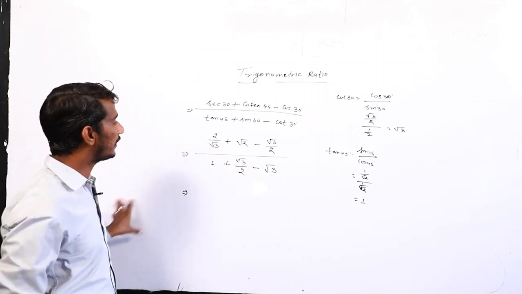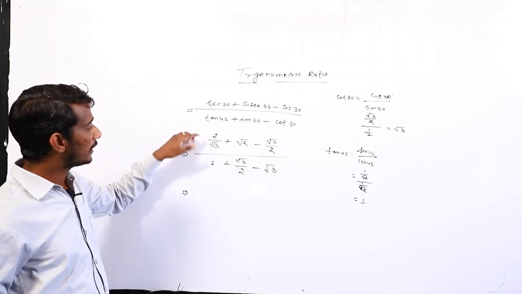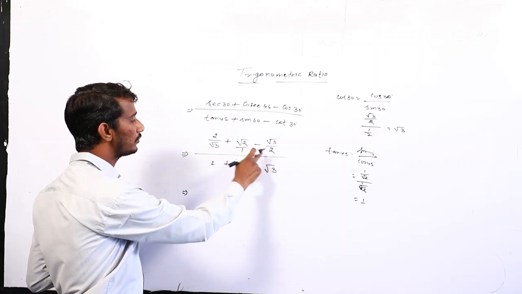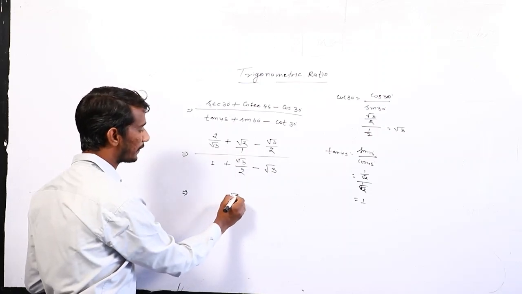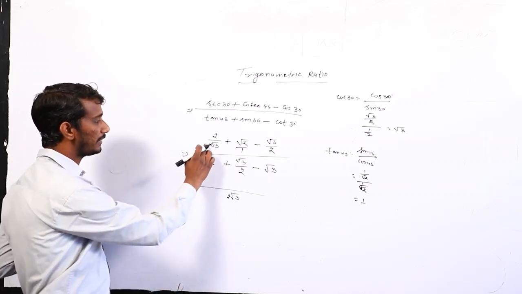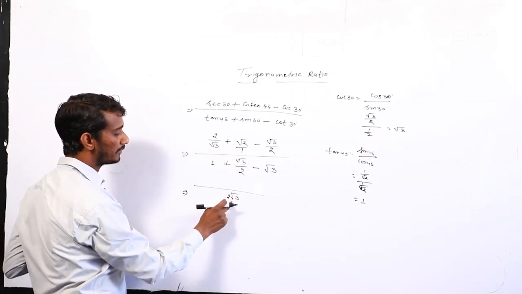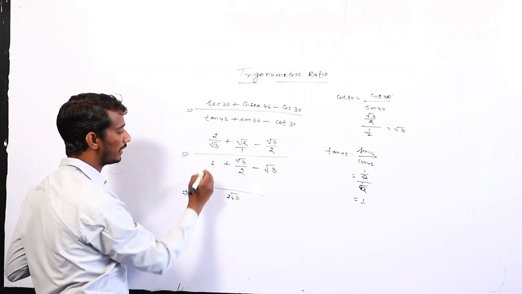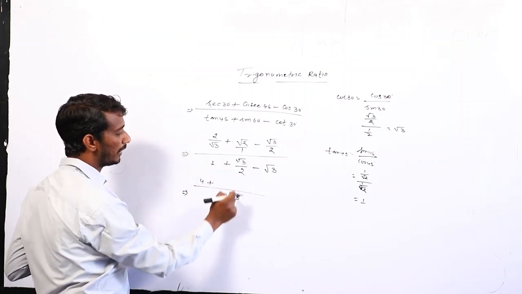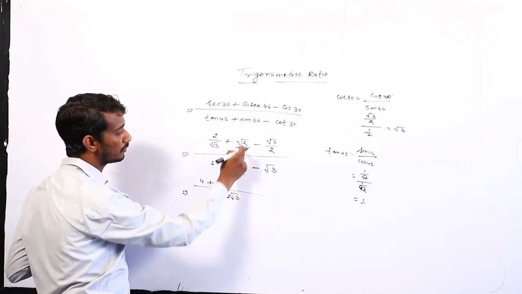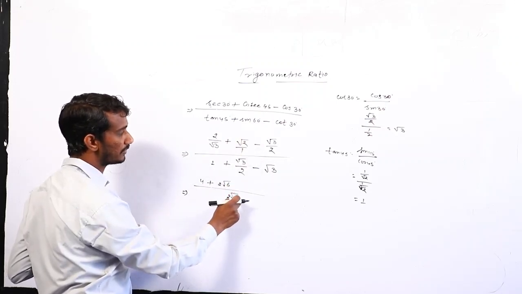From the numerator, the upper side of the fraction, we find the LCM of root 3, 1 and 2, so we get 2 root 3. Now we solve it. 2 root 3 divided by root 3 gives 2, 2 times 2 is 4, and by 1 we get 2 root 6, because root 2 into root 3, the product is root 6.